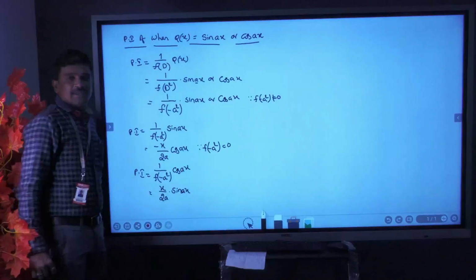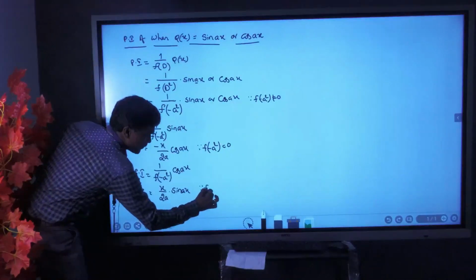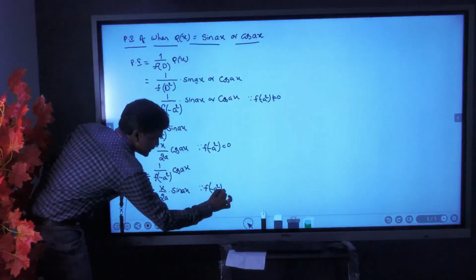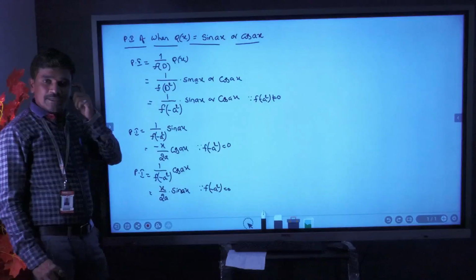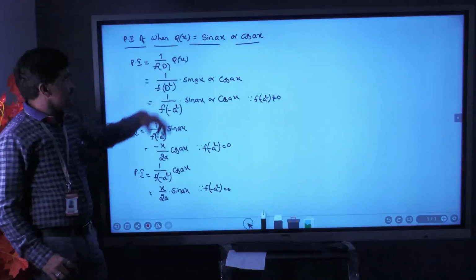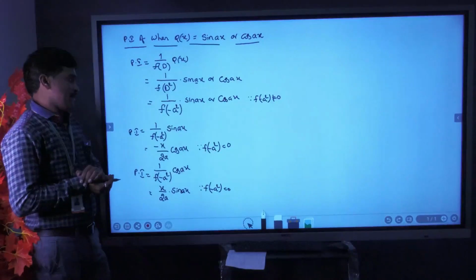This is the particular integration, where also f of minus a square is equal to 0. So these are the conditions for finding the particular integration when Q is sin ax or cos ax.